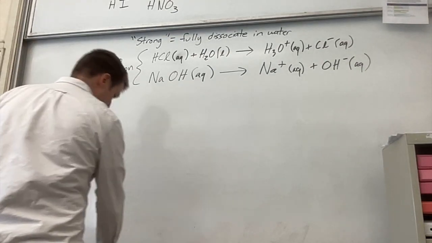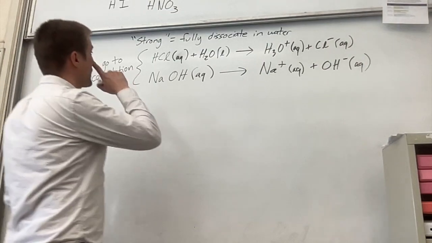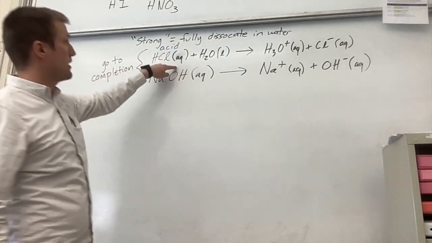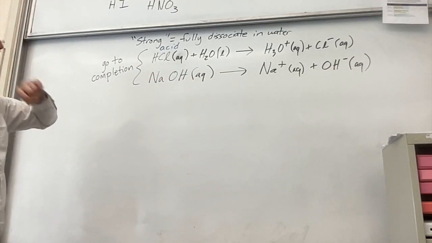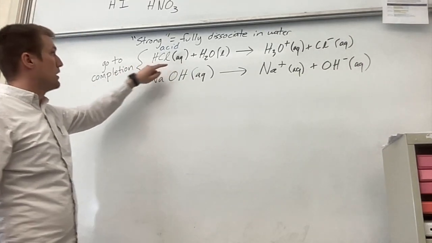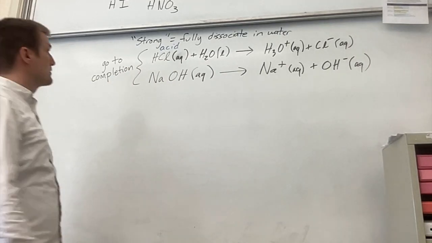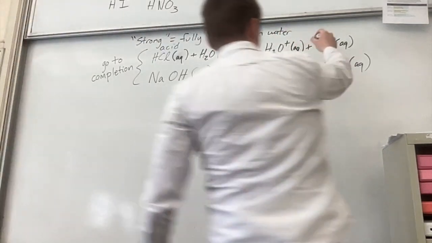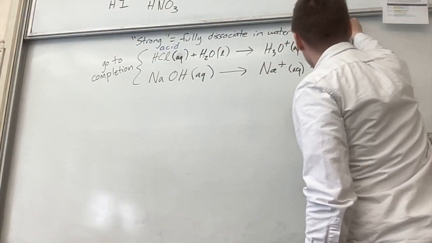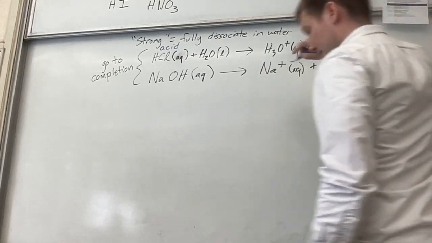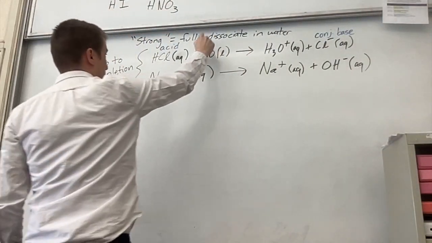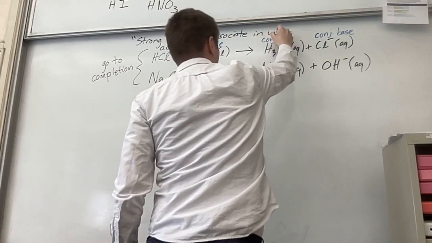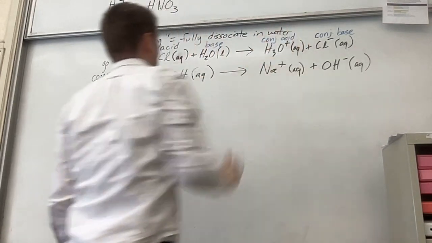Also, let me just label here, maybe I'll do this in blue, the conjugate pairs. So HCl is the acid in this top reaction. The conjugate base to HCl, conjugate pairs differ by 1 proton. So the acid donates its 1 proton, and so the conjugate base to that is the chloride ion. And then the water is accepting the proton, so it's acting as a base, and then H3O plus is the conjugate acid to that base.